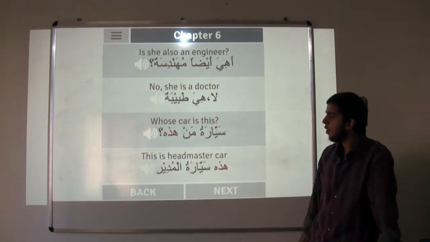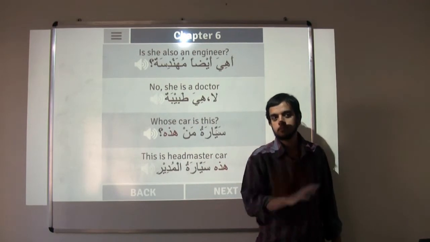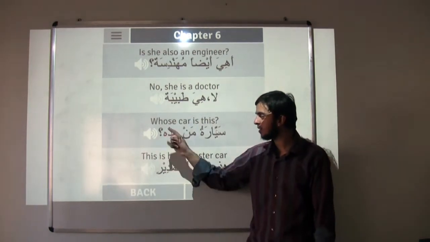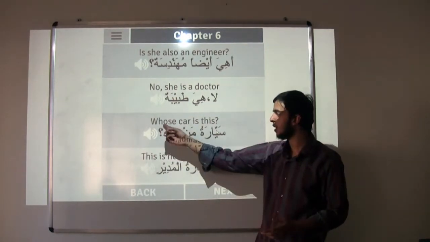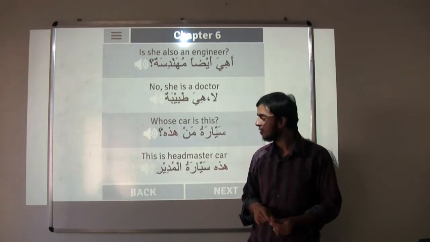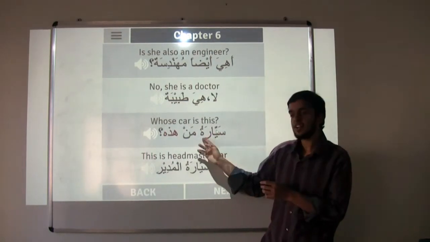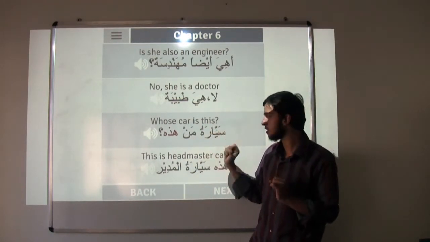Sayyara man hadihi? Why is hadihi used? Can you tell me? Why are we using hadihi here? Exactly. Sayyara is female because there is a golta, or round ta.